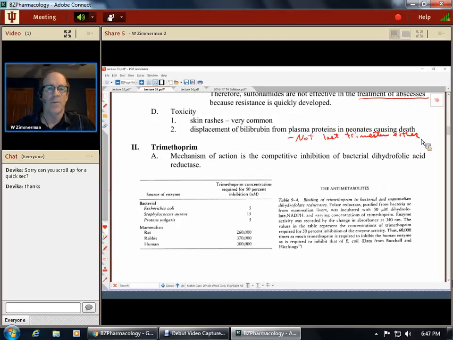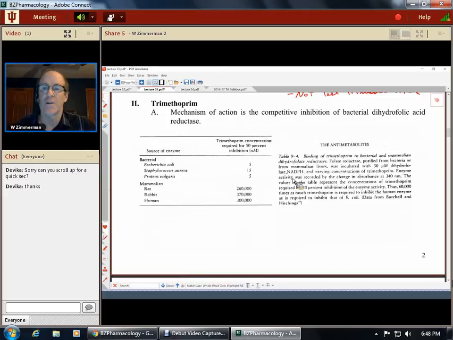Okay, looking at trimethoprim. And again, which is almost always combined with the sulfamethoxazole, we get this competitive inhibition of the DHFR. And you might say, well, both man and bug here have the DHFR, but it's a different enzyme.